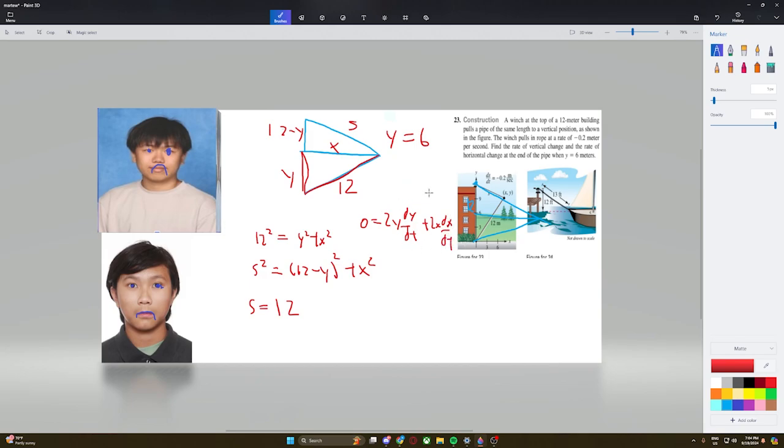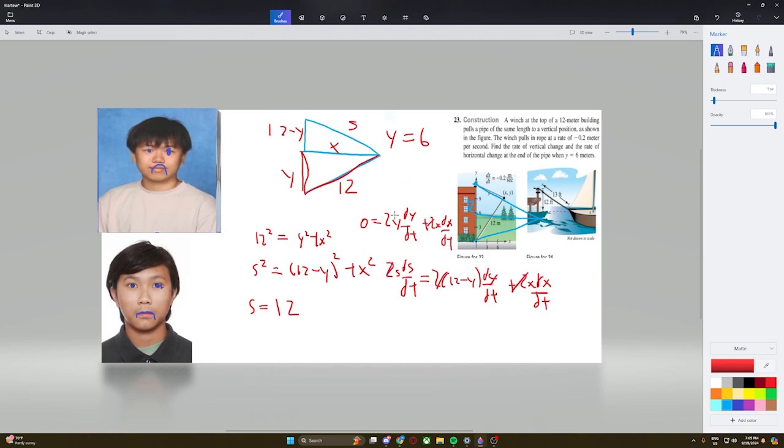We are given none of these so far, so let's use this other equation. 2s ds/dt, we are given that, equals 2 times (12 minus y) dy/dt plus 2x dx/dt. And you can divide these 2's automatically.